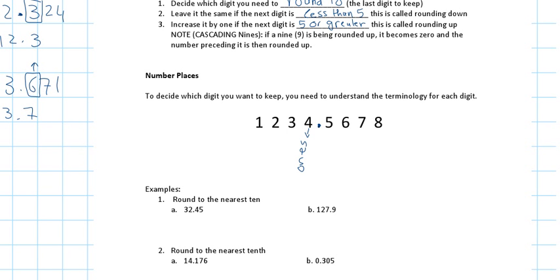How about this one? If you have this, what do we call this? Tens. The tens. If you're going to read this, it's going to be 234, right? So these are the hundreds.